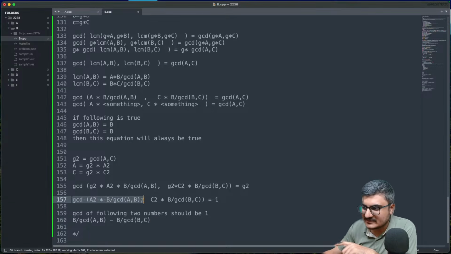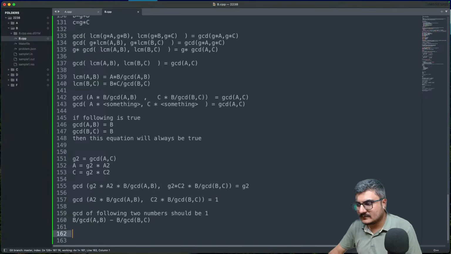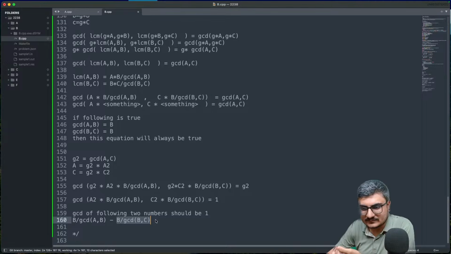Then only the GCD of the whole equation can be 1. This can happen only if the prime set of these two numbers and the prime set of these two numbers is what? They should not have any common multiples in them.